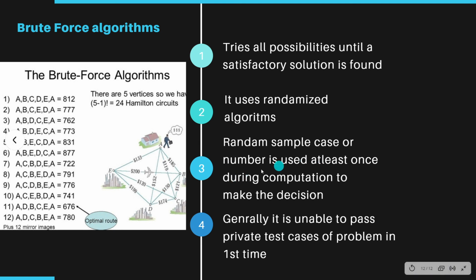A random sample case or number is used at least once during the computation to make the decision. We take random test cases and numbers to make the decision. Generally, it is unable to pass private test cases of a problem the first time. So it is unable for a brute force algorithm to work on minimum given memory and time.